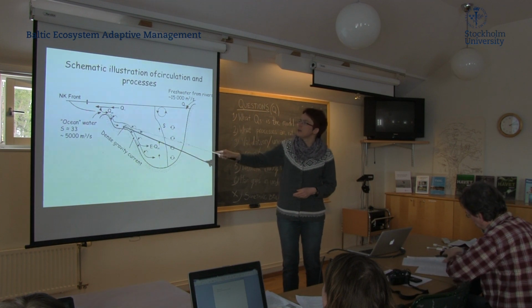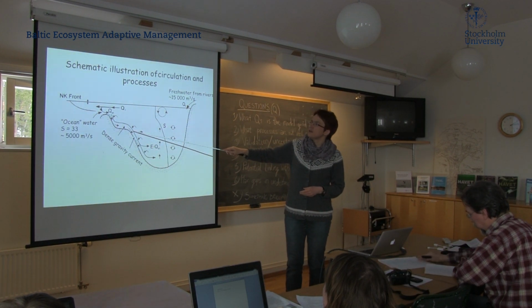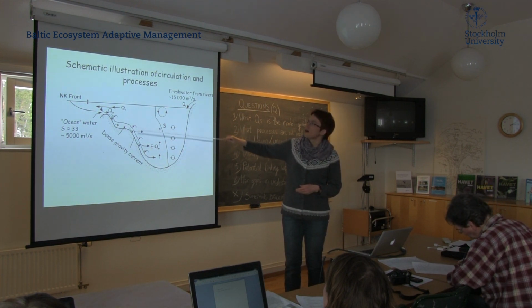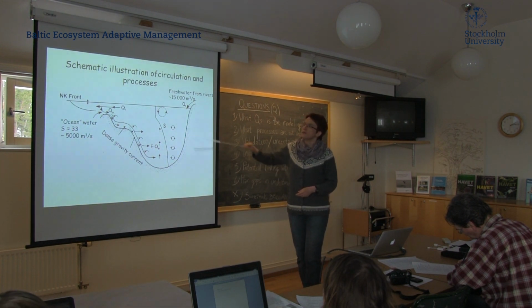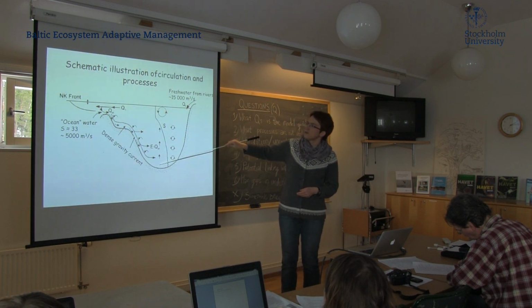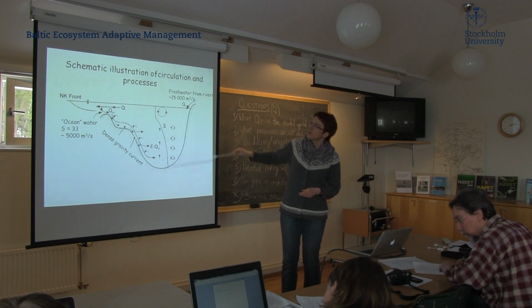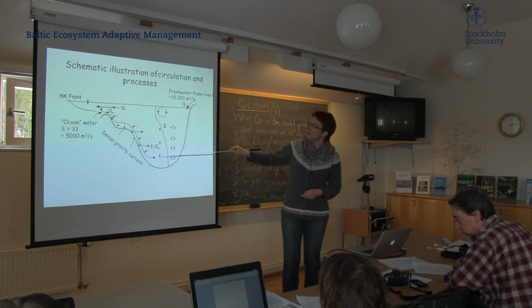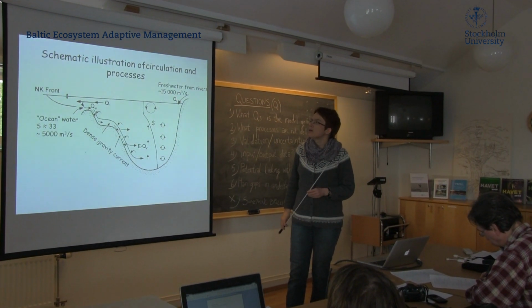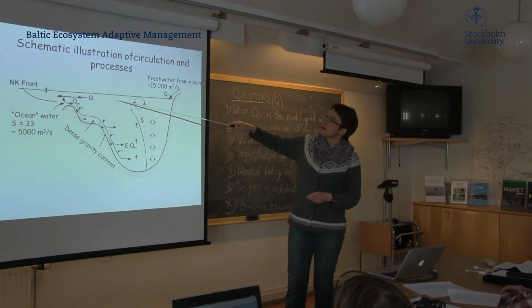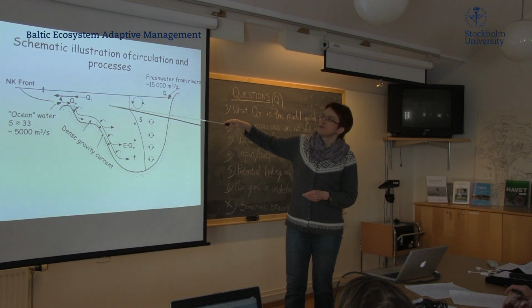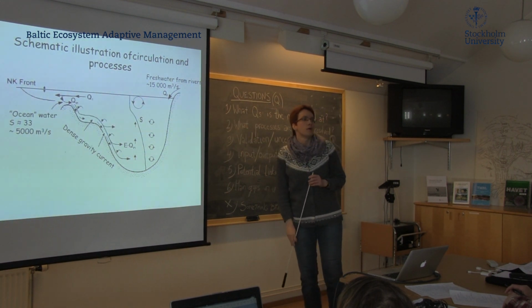If you have water coming in, it flows down until it has reached the water layer of its own density, and then you have some description of the diffusion and the mixing between those water layers, and you also have a description of vertical advection. You also merge water layers together if they become very similar along this mixing scheme. And in the upper part of the water column, you have a mixed surface layer, which is basically the water above the thermocline.